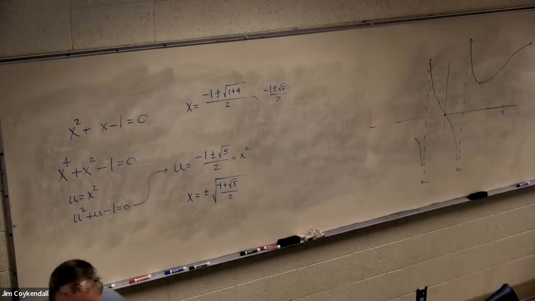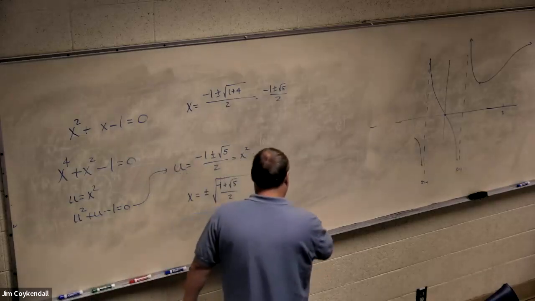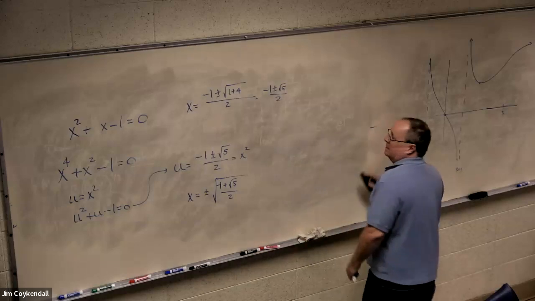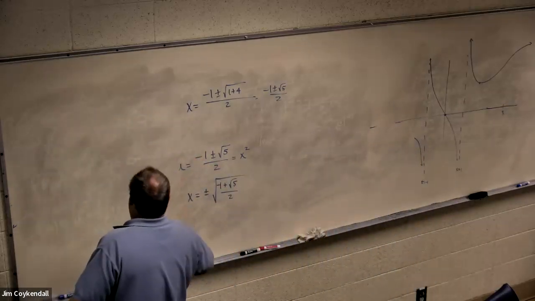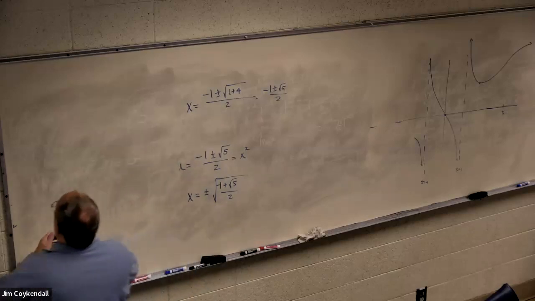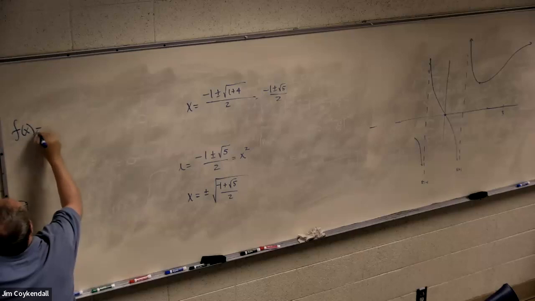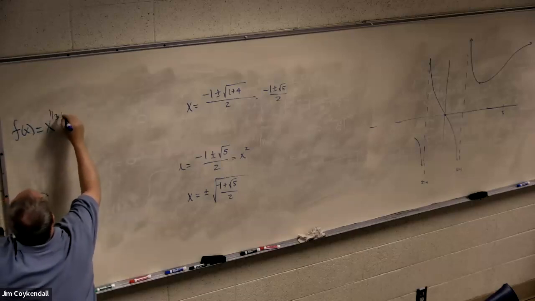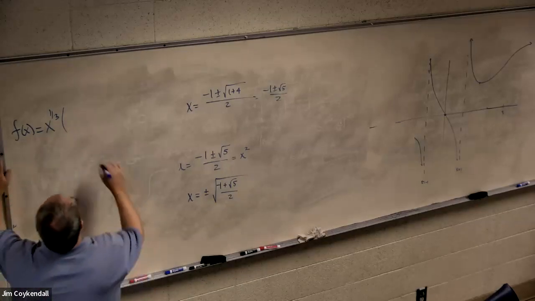Okay, let's look at this one right here. I like this one. X to the 2/3, and I've got 1 minus x squared.